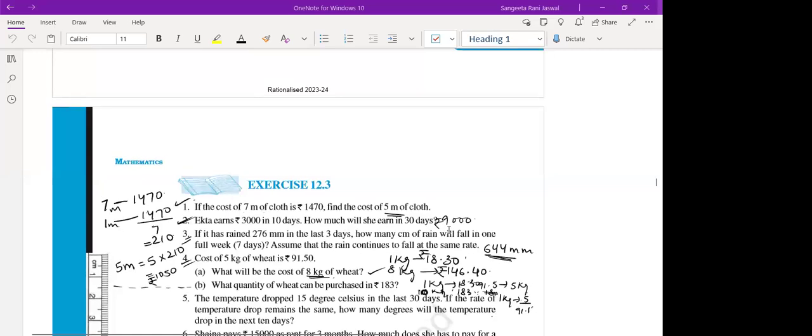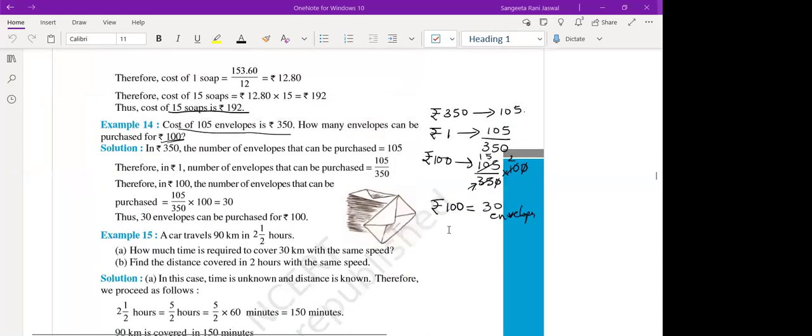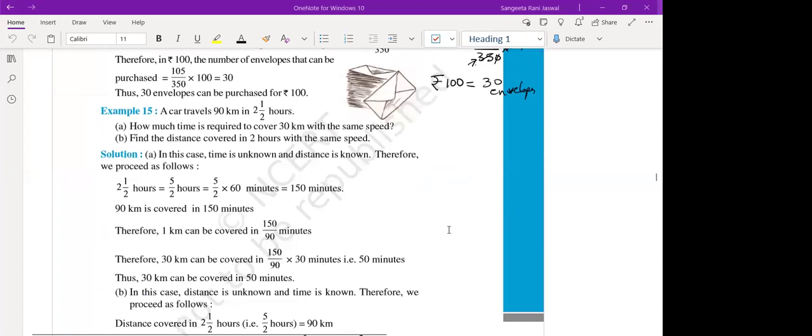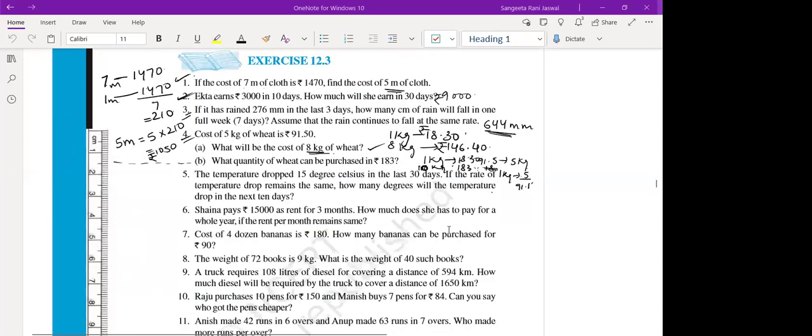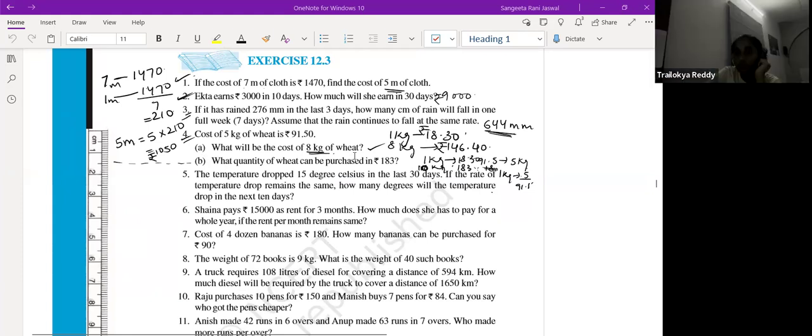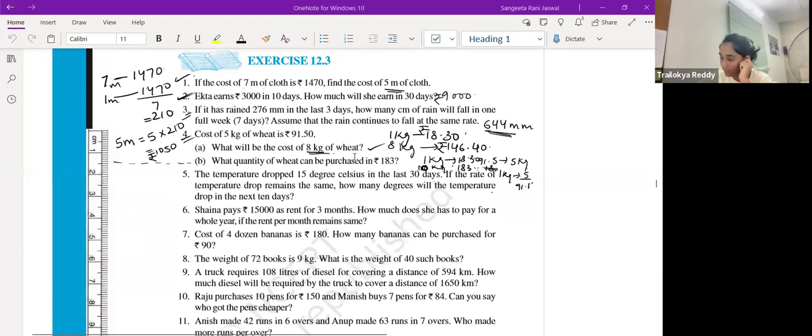We were doing this exercise, the third exercise. After proportions, we had started with the unitary method, and we had done 4 sums in this. We completed 4 sums, no? Yes, ma'am.